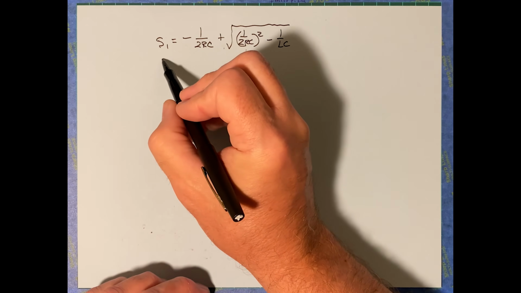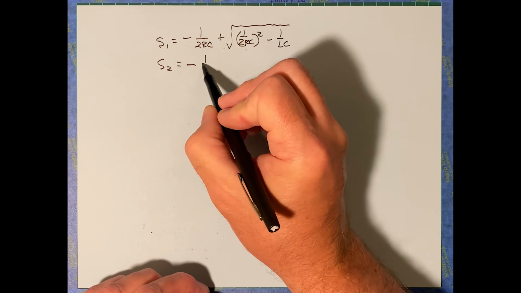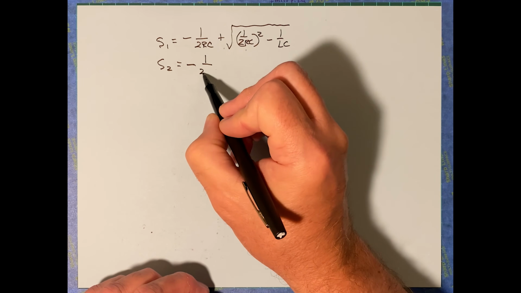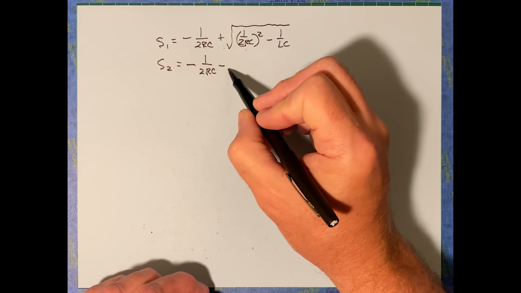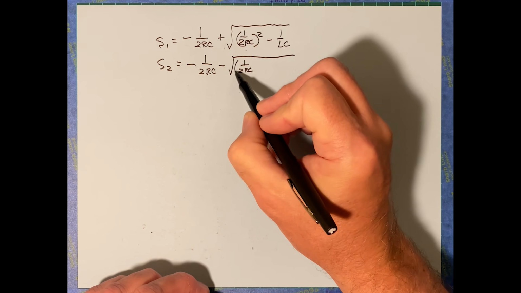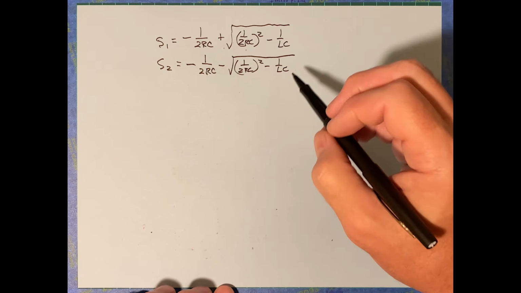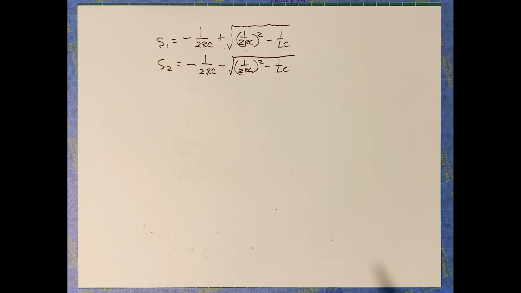That's S1. And then S2, the only difference between these two is going to be the sign right before the radical, minus the square root of that same stuff. Okay, those are our two solutions.